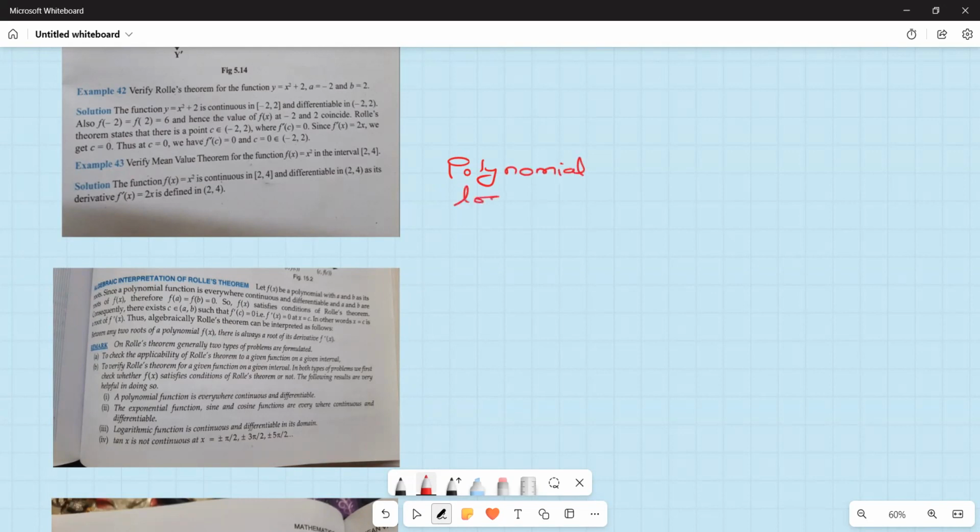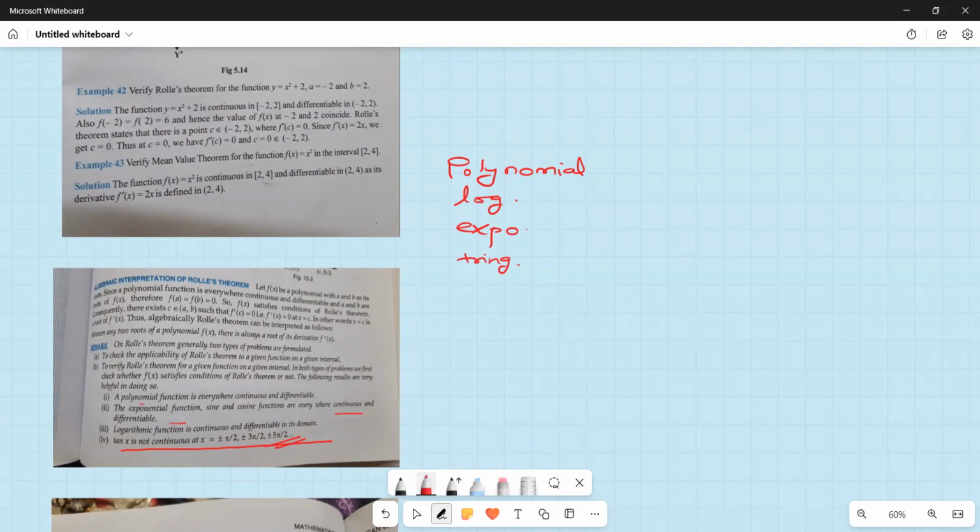Every logarithmic function is continuous. Every exponential function is continuous. Every trigonometric function is continuous except this one: tan x is not continuous at plus minus pi by 2, 3 pi by 2, because the function is not defined there. Otherwise, sine and cosine are everywhere continuous as well as differentiable.